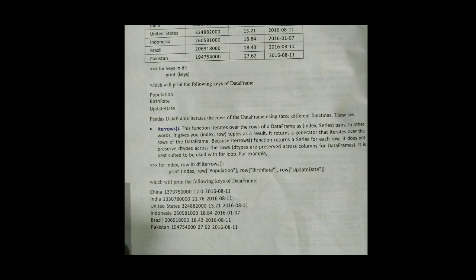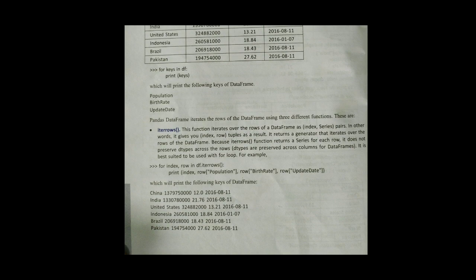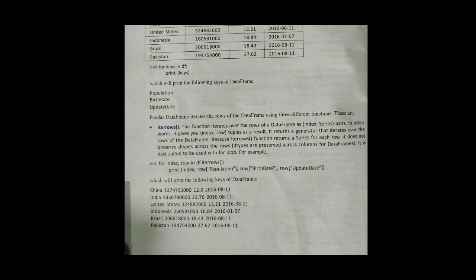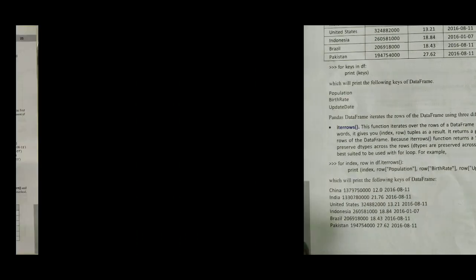Row population contains population details, birth rate contains the birth rate of the specific country, and update contains the date for which we collected that particular population data. So it will print China, then population, birth rate, and update date, and these values are printed for all countries present in the data frame.